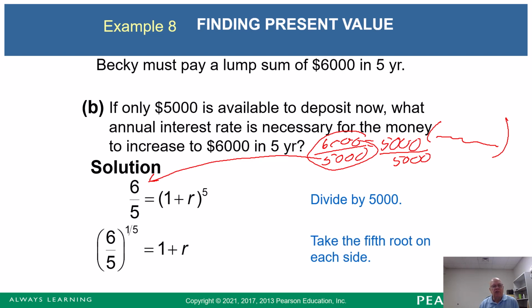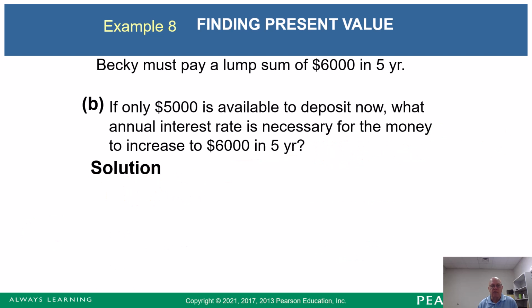Now, to get R, we're going to have to find R in a better situation. So we'll take the 1/5 power, or 5th root of both sides. So that's 6/5 on this side. We're going to take the 5th root of that, and we're going to take the 5th root of this side. Also, we could write it this way. Very handy. And then all we'll have to do is subtract 1 from both sides.